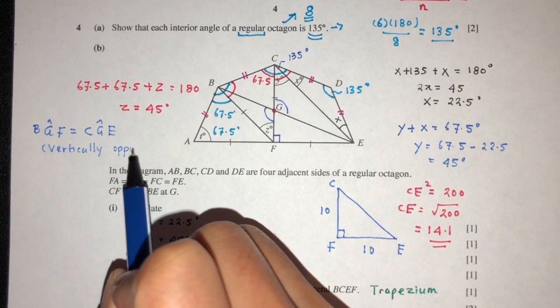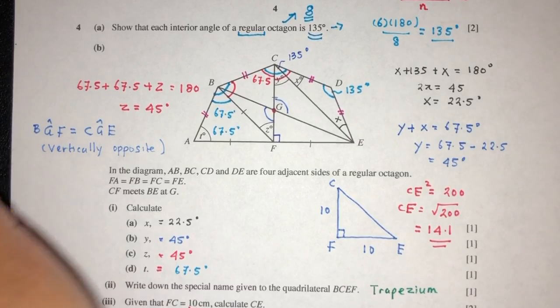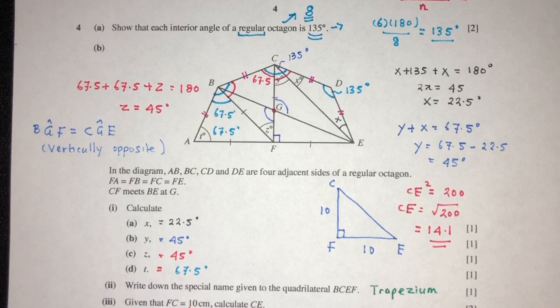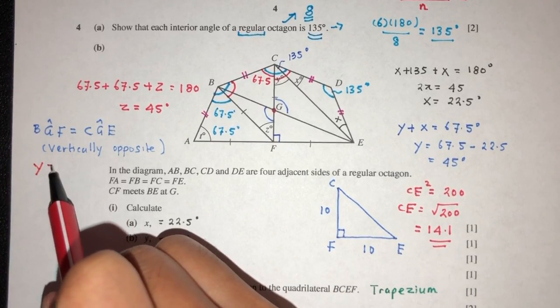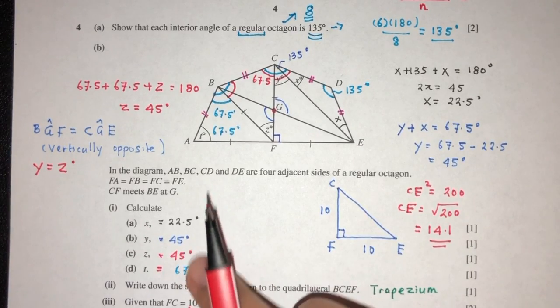That's one of the properties we have to know, and we have seen this many times in circle problems. So because they are vertically opposite, it will be the same value. Also, we have seen here the angle Y and Z, so Y is equal to Z. They are the same, which is 45, right? We have found this here.